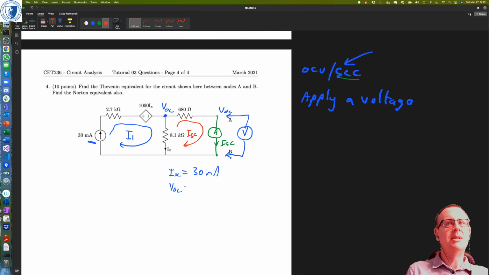One of them is a little harder, because it's got a voltage source instead of a current source, so you've got to do a bit more work in order to find VOC. But this question 4 is a little easier because of that current source.